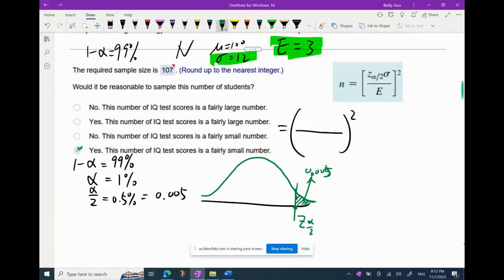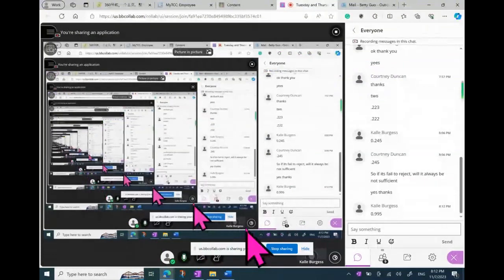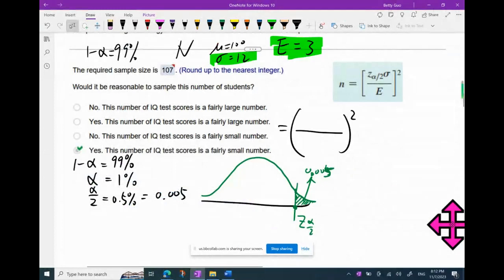I have a question. If the shaded green region has area 0.005, what is the area of the blank region? Can anyone answer my question? Awesome, exactly 1 minus 0.005, because the area of the region below the density curve must be 100%.